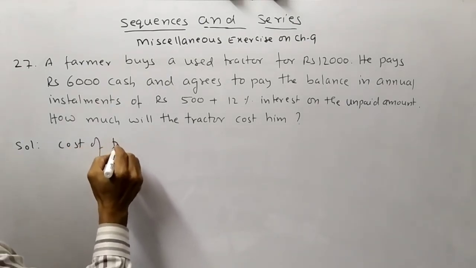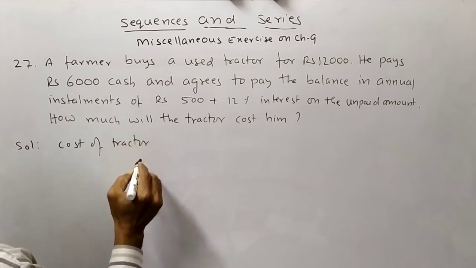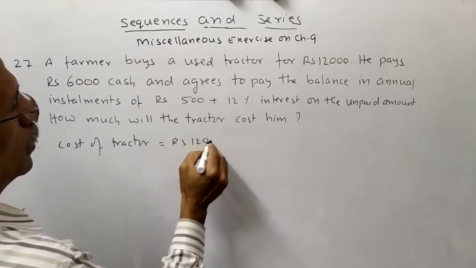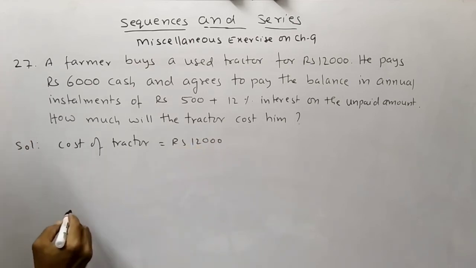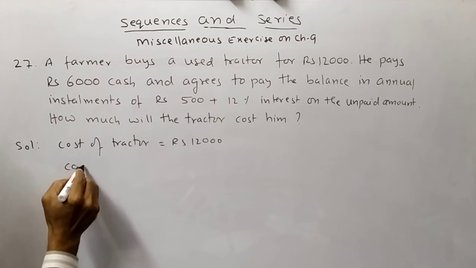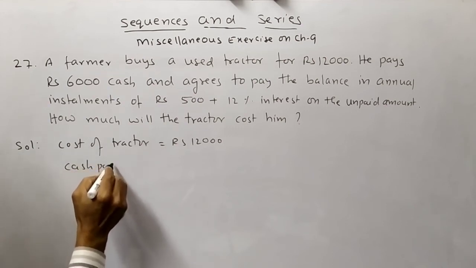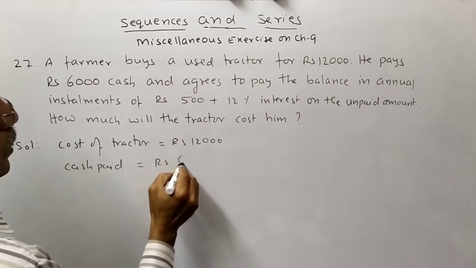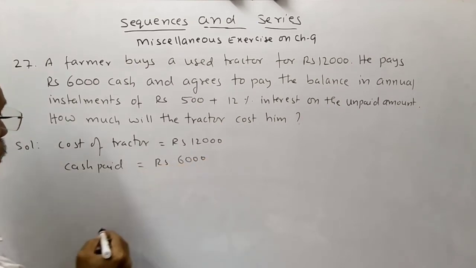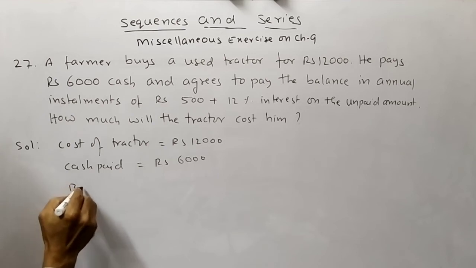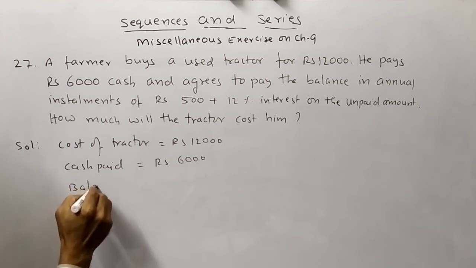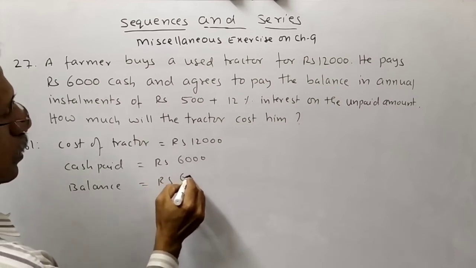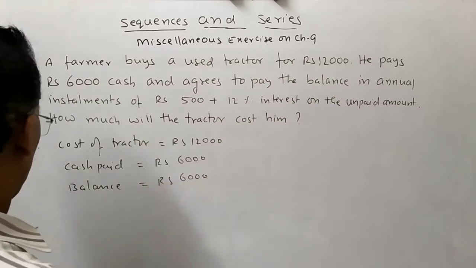Cost of tractor is equal to rupees 12,000. Cash paid is equal to rupees 6,000. Balance is equal to rupees 6,000.